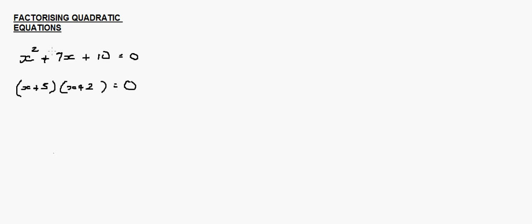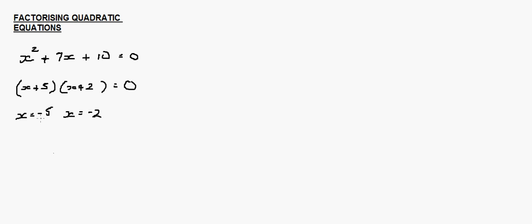And then if they ask you to solve it, we just say x equals, take the number, change the sign. Again, we'll have another value of x, so x equals, take the number, change the sign.